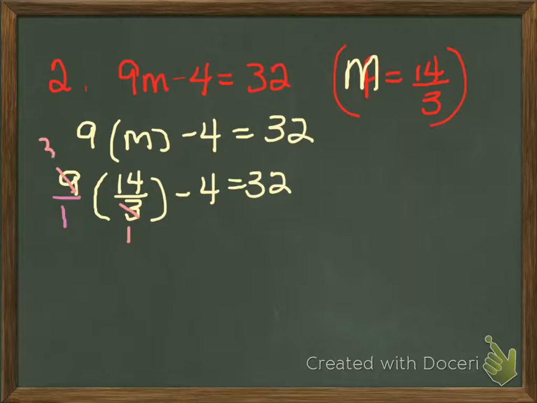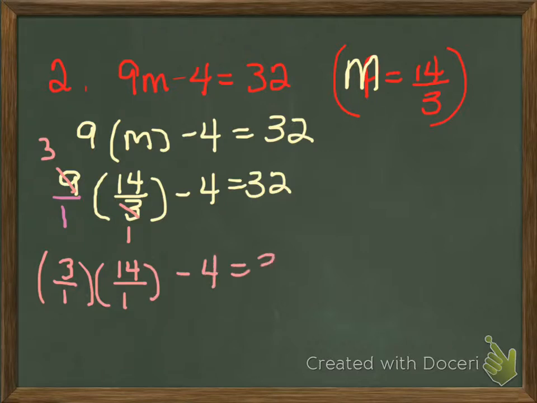This one will reduce to 3, which gives me a new multiplication of 3 over 1 times 14 over 1 minus 4 equals 32. The next thing that you do is now multiply the fractions. When you multiply fractions, you do numerator times numerator and denominator times denominator.